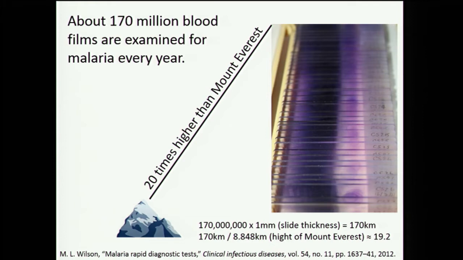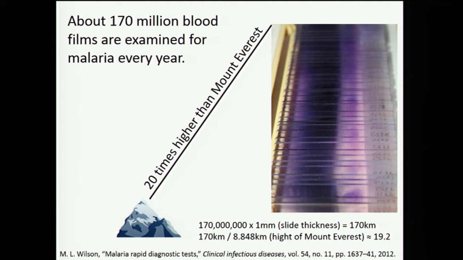Here this shows again the severity of the problem. There are about 170 million blood films scanned under the microscope every year. So, I mean, this is a large number, but if you really visualize that and present it this way, that is really impressive. Even the people at NIID didn't know that. Just when I computed it, it looked really impressive.